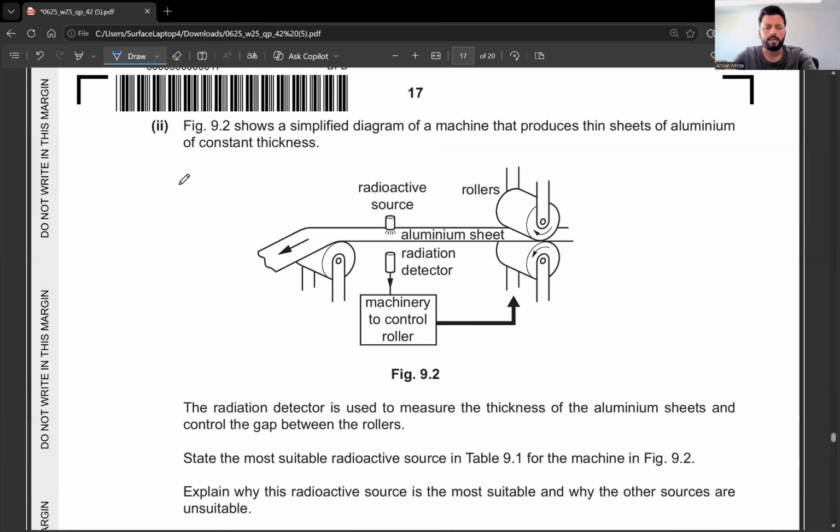Two part. Second part, figure 9.12 shows the simplified diagram of a machine that produces a sheet of aluminum of constant thickness. We can check the thickness of the aluminum sheet by using beta particles, and beta particles are electrons.